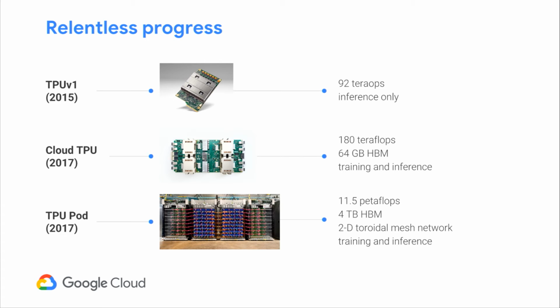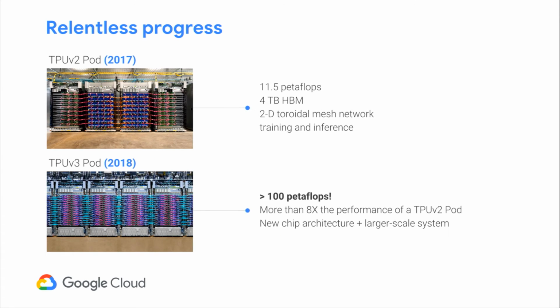You stitch all those together and you can do even more than 11.5 petaflops with 4 terabytes of HBM. And now the third generation pod breaks the barrier of 100 petaflops, more than 8x the performance of a TPU v2 pod through both a new chip and this larger scale system.